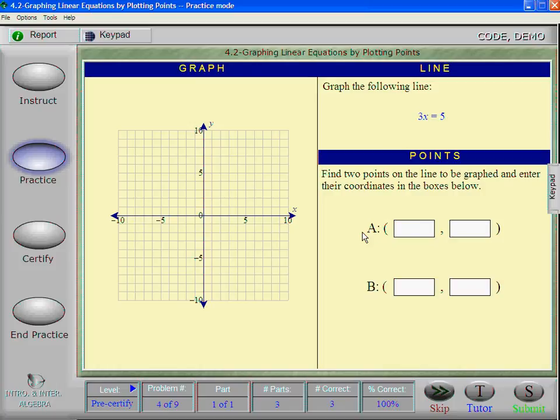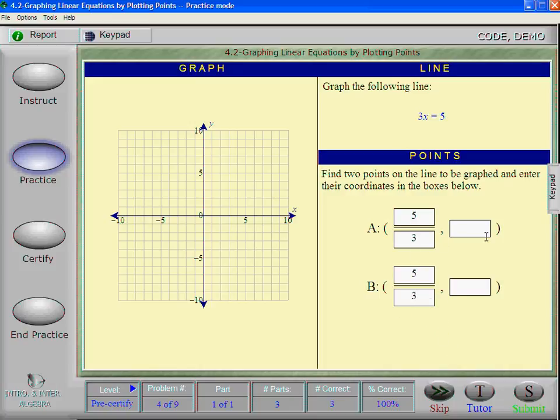Okay, perfect. They give us another example where you look and say 3x equals 5, find 2 points on the line. I look and I say, well, that's kind of weird. It only has an x value. So you solve for the x value, you divide both sides by 3, and you end up with 5/3, or 1.66 as a decimal, rounded, 1.67.